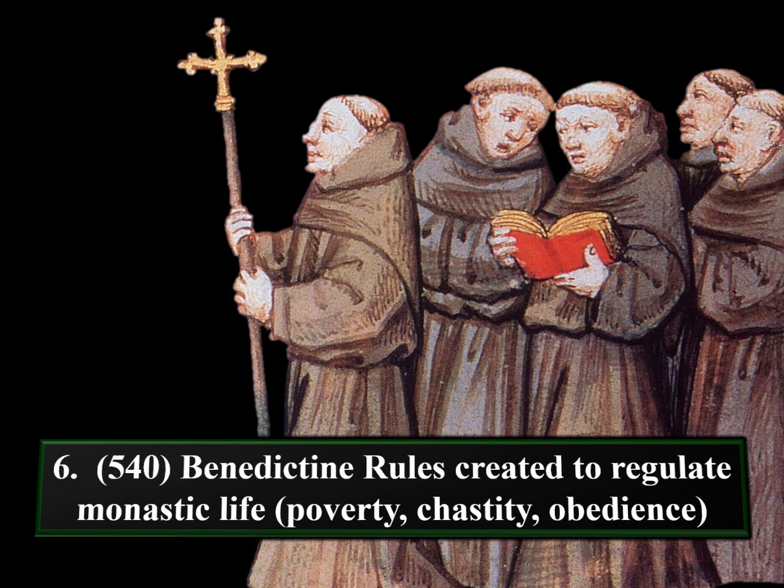In 540, the Benedictine rules were created by Saint Benedict, who was the head of one of these monasteries. It was created to regulate monastic life. It was based on 3 basic principles: poverty, chastity, and obedience.